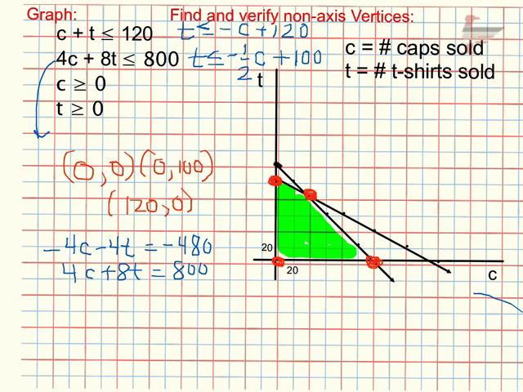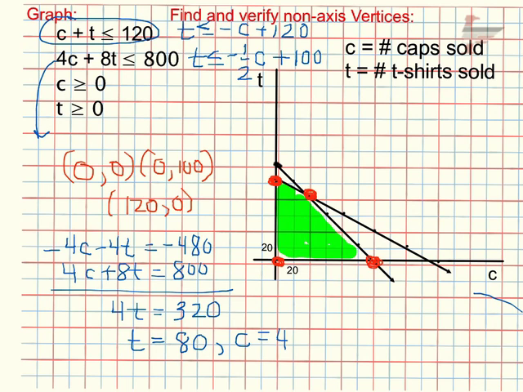And notice I dropped the inequalities just to solve. My c's eliminate. I have 4t equals 320, and that means that t is going to equal 80. So if I know t is 80, going back up to this equation, I can see that c would have to make that work out, that that intersection point, if that were an equal sign, would be 40.